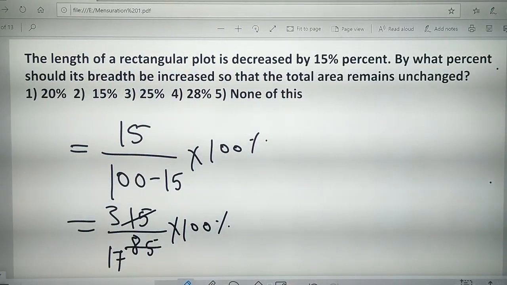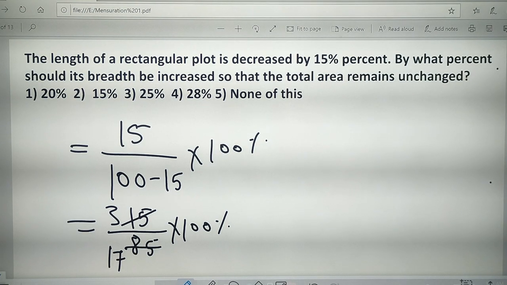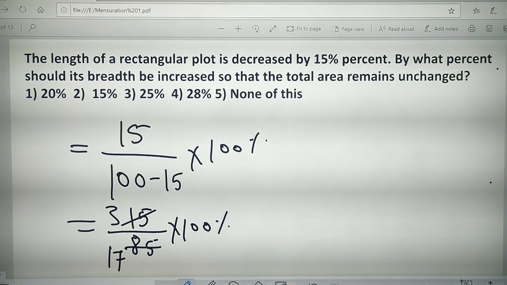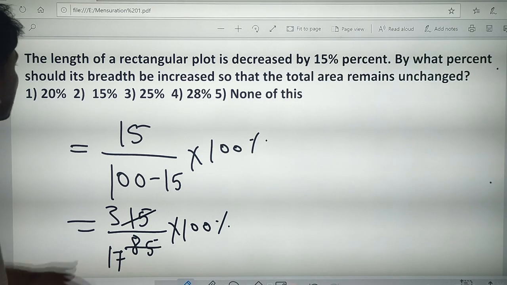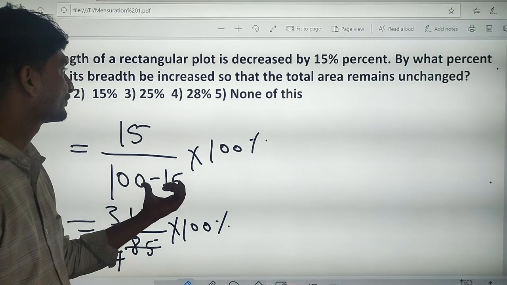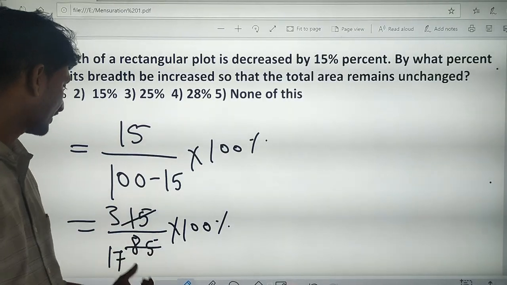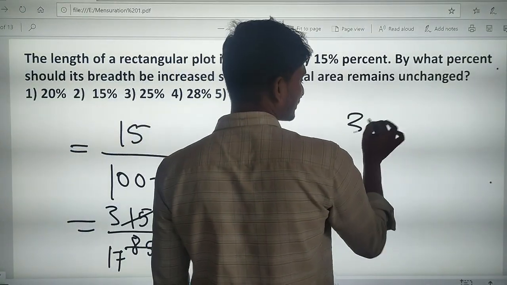The length is decreased by 15%, then by what percent should the breadth be increased so that the area remains unchanged? 15 divided by 100 minus 15 into 100%, which is 300 divided by 17%.